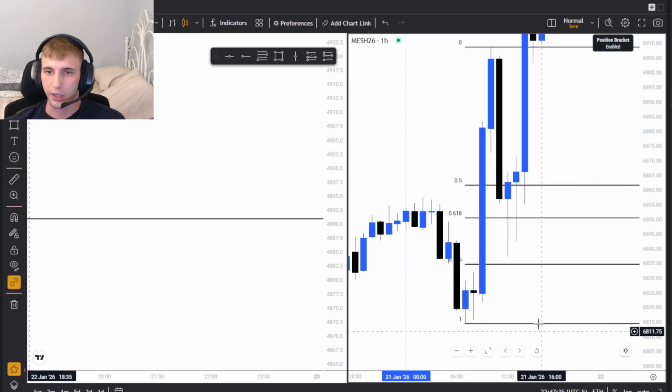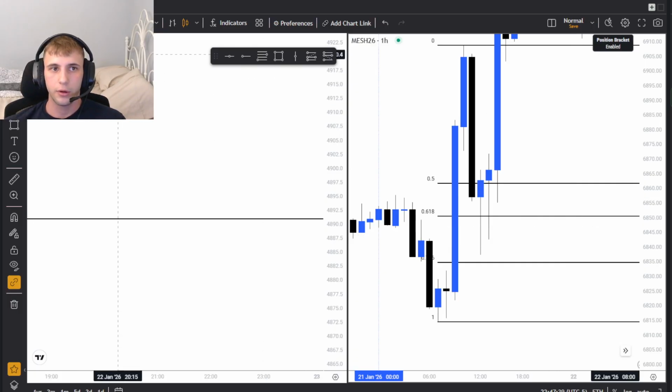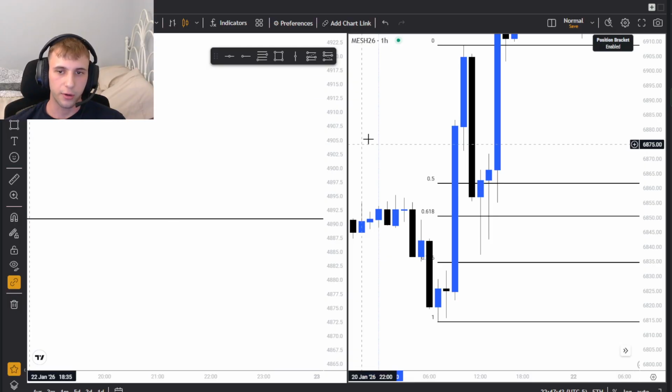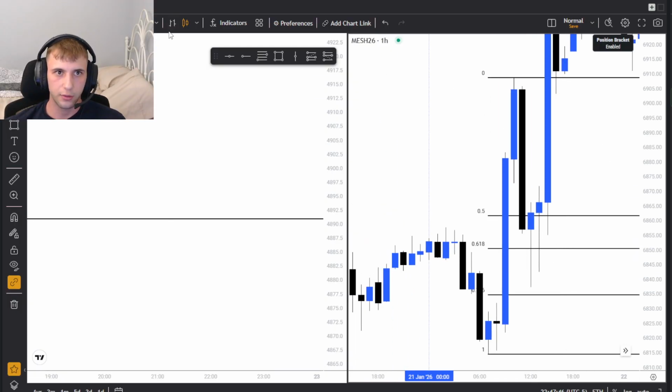It's fine if we wick, we can wick all we want. But again, remember, it's important to note that that's why we want to figure out what time frame the move is on, right?